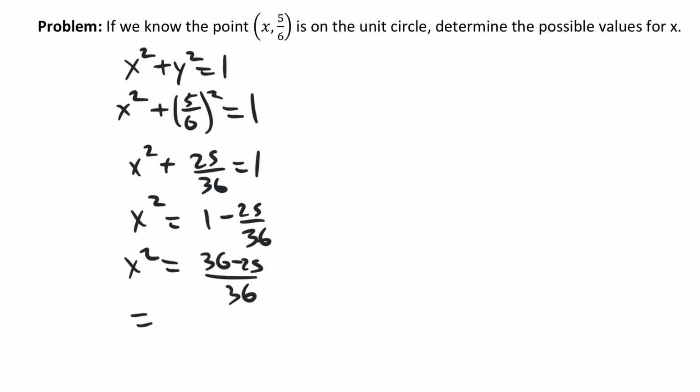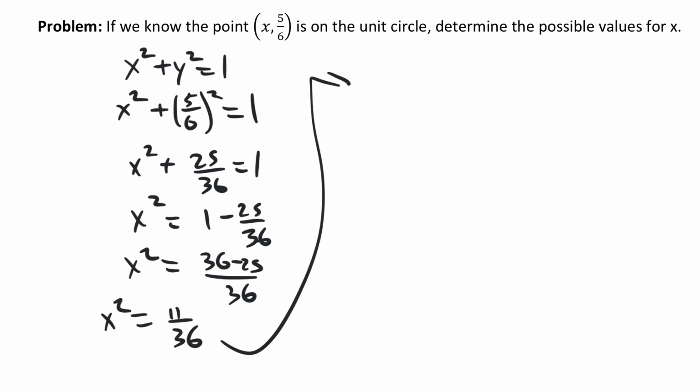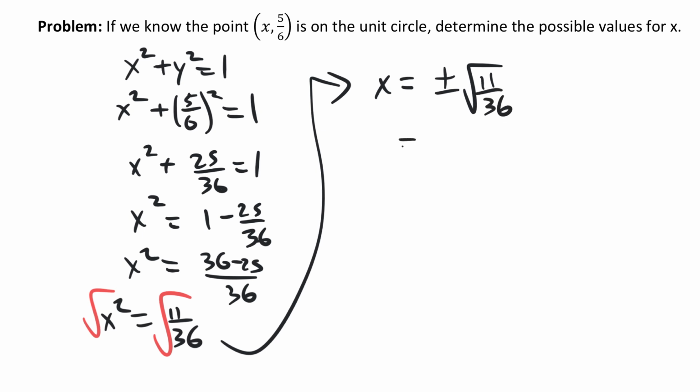That's going to give us 11 over 36. Now to solve this, we'd square root both sides. And we get x equals plus or minus root 11 over 36. Now it's kind of nice to make this root 11 over 6 because the 36 does square root nicely.